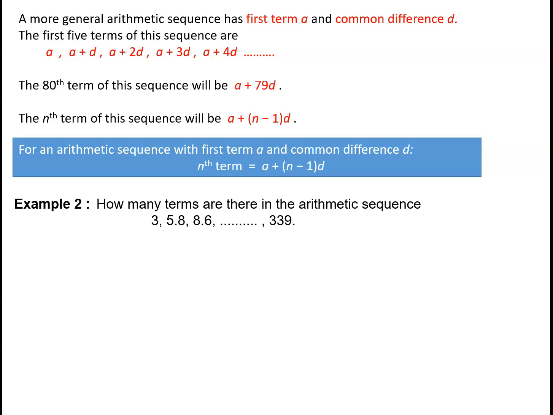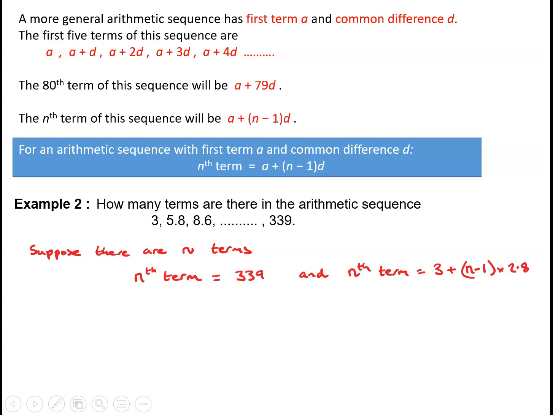How many terms are there in the arithmetic sequence that goes 3, 5.8, 8.6 and ends up at 339? Well, suppose there are n terms. We know that 339 is the nth term, and the nth term is 3 plus (n minus 1) times 2.8, because the sequence has a first term of 3 and a common difference of 2.8.